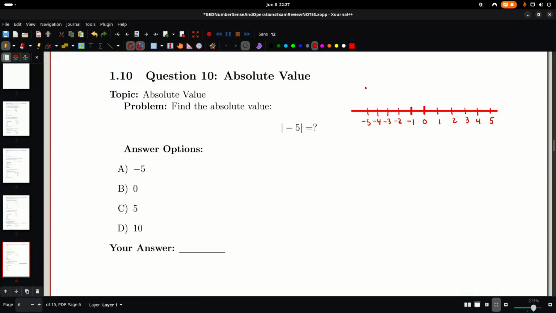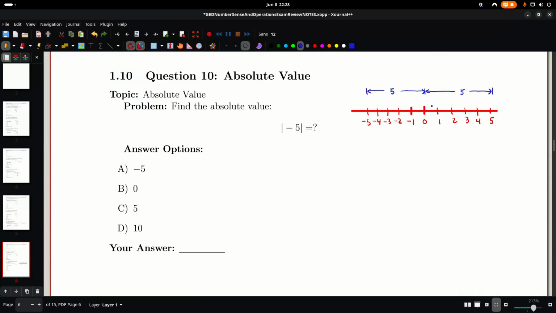Well, the distance from here to 0 is the same as the distance from here to 0. So the distance from negative 5 to 0 is 5, and the distance from positive 5 to 0 is 5. And so that shows you our definition there.